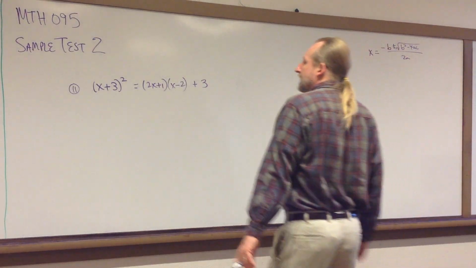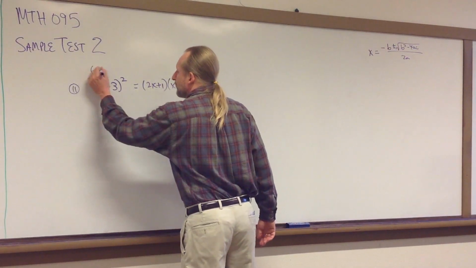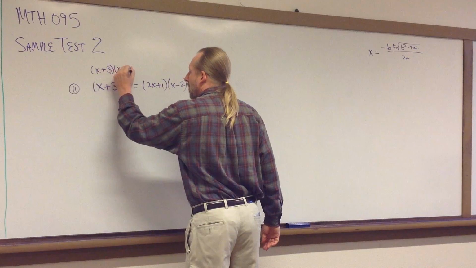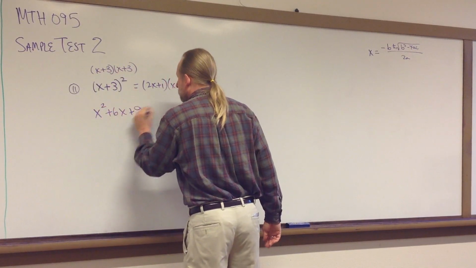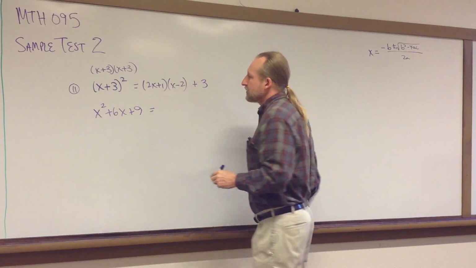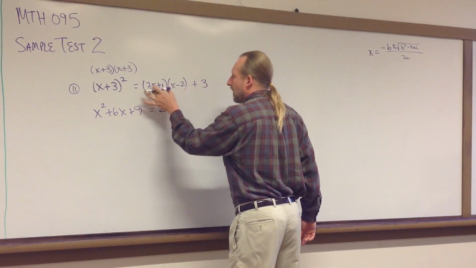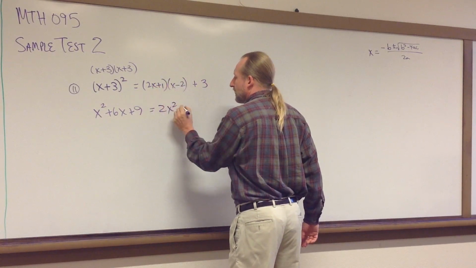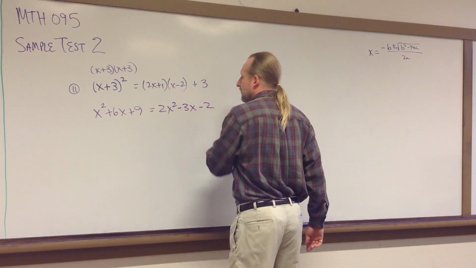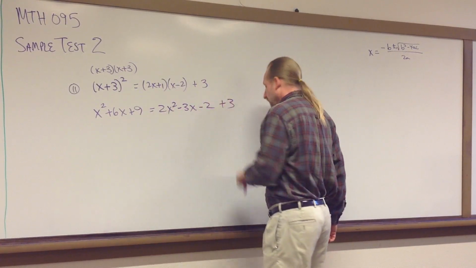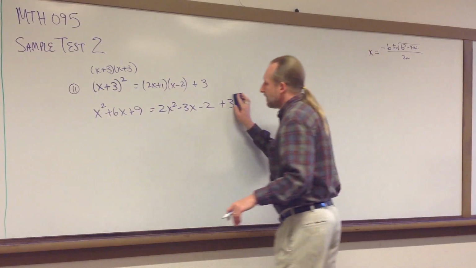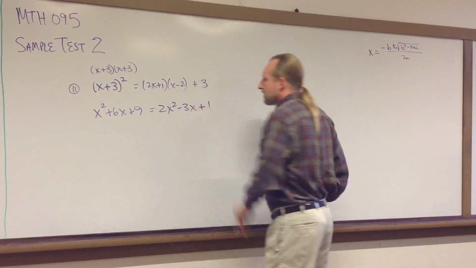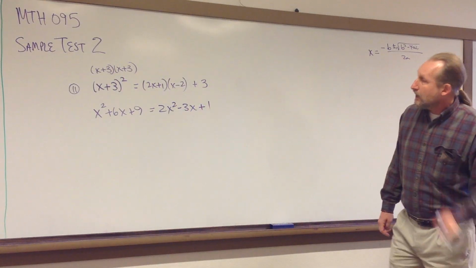All right, so x plus 3 times x plus 3 is going to be x squared plus 6x plus 9. Here we'll get 2x squared minus 4x plus 1x, so that'll be minus 3x minus 2. And then we've got a plus 3 on the end. So I'll just combine these together and make plus 1. There we go. All right.